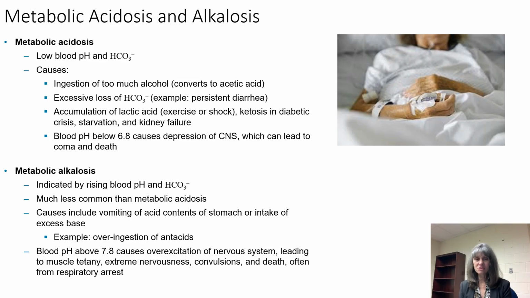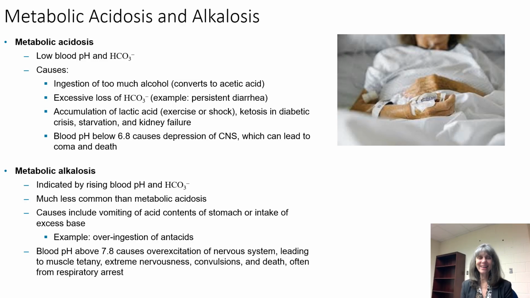Metabolic alkalosis, on the other hand, is much less common than metabolic acidosis. It is indicated by rising blood levels of pH and rising blood levels of bicarbonate. It can be caused by vomiting the acid contents of the stomach or by eating too many antacids.